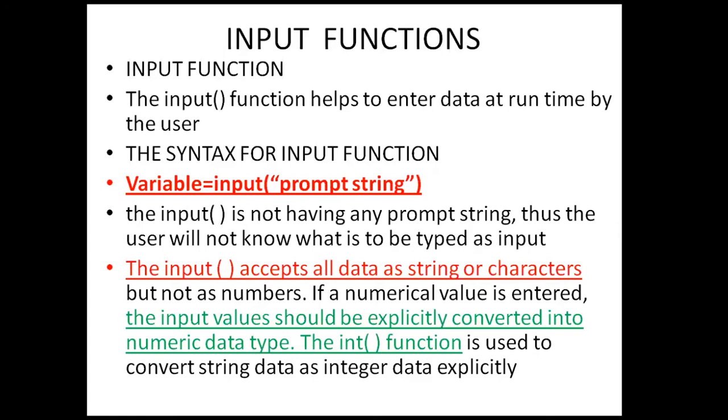Here in Python, the input function name itself is input. What does the input function do? It helps the user to enter data at runtime. So at the runtime of your program, we are able to enter the data on the screen.